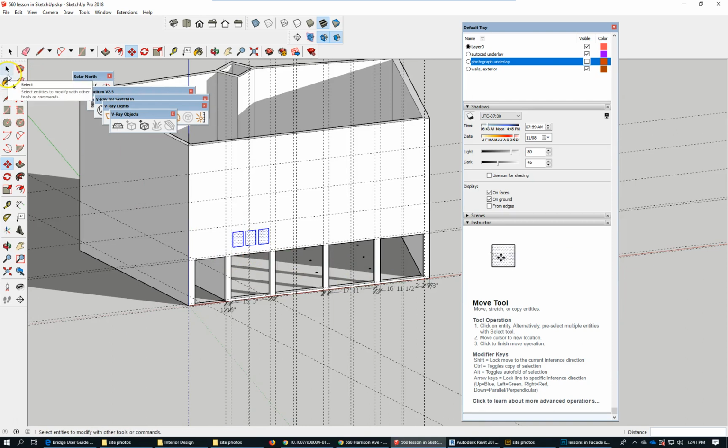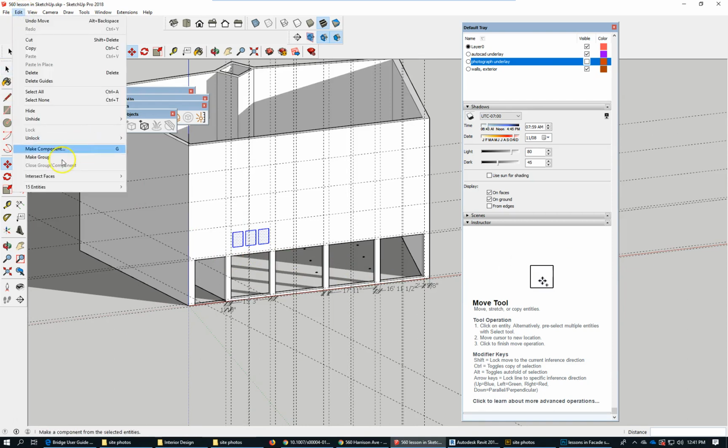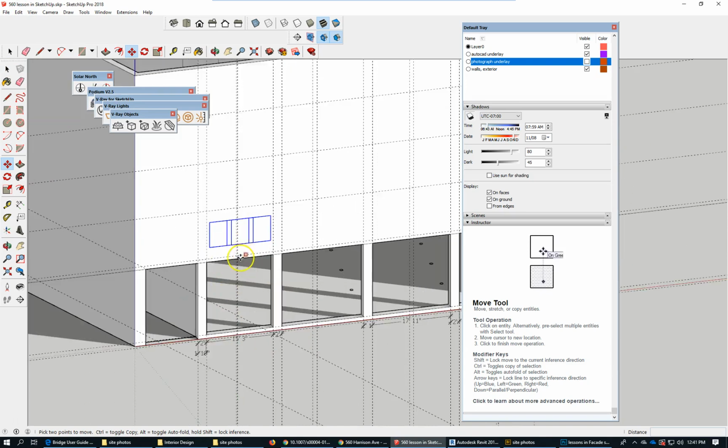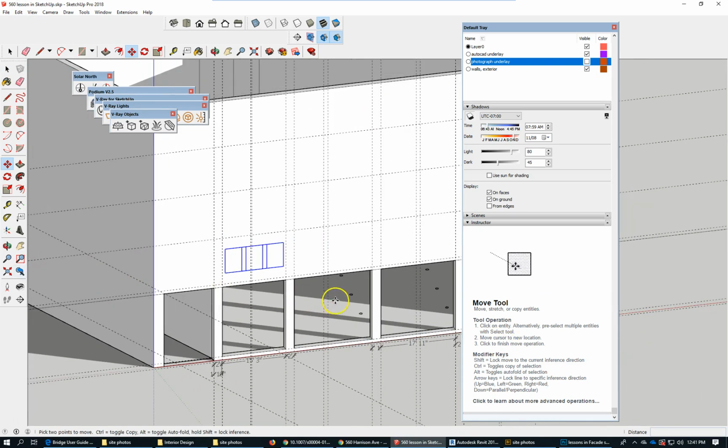If I made that a group, it could be my window group, and I copy that every 12 feet vertically, 3x.